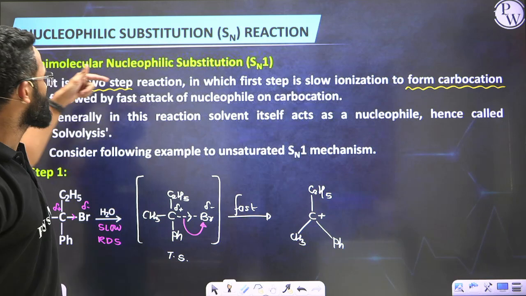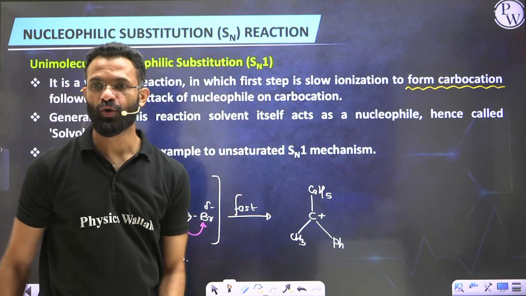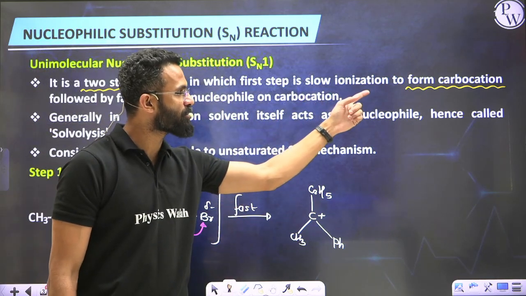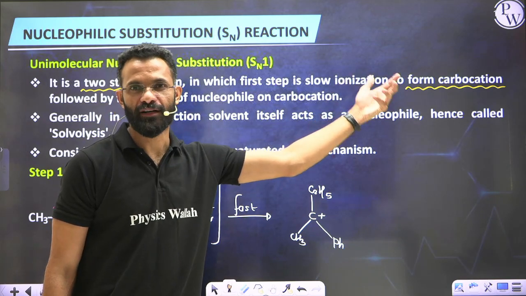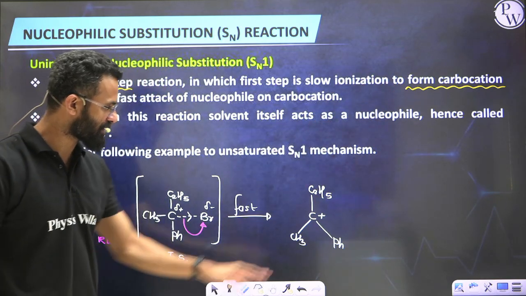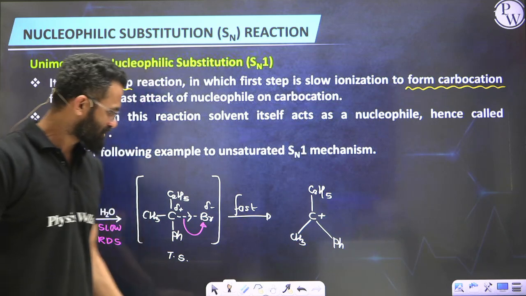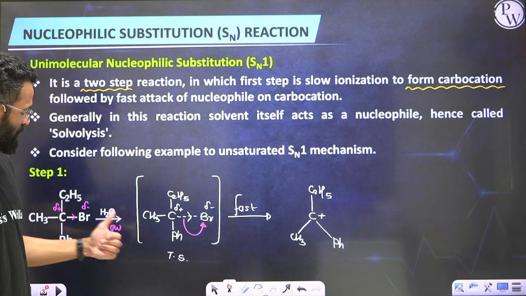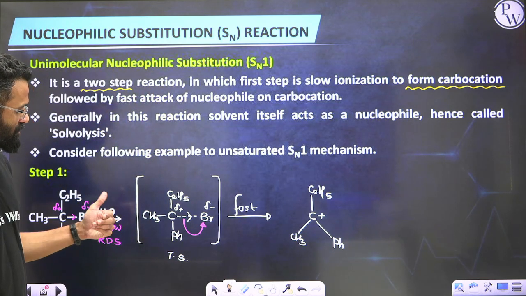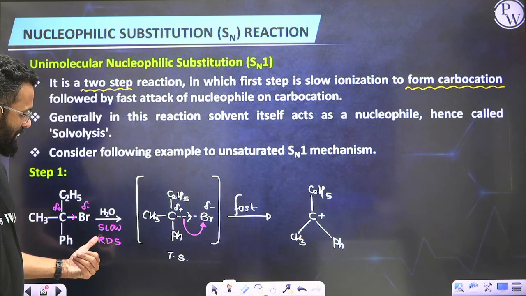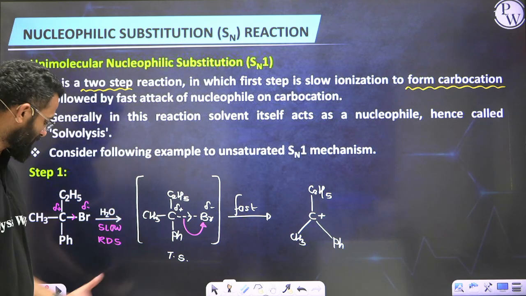It is a two step reaction in which the first step is a slow ionization of the carbon halogen bond, resulting in the formation of a carbocation. This first step, where the carbon bromine bond is in the process of breaking, is a slow step, and hence it is the rate determining step.